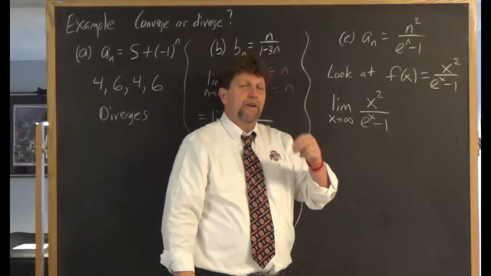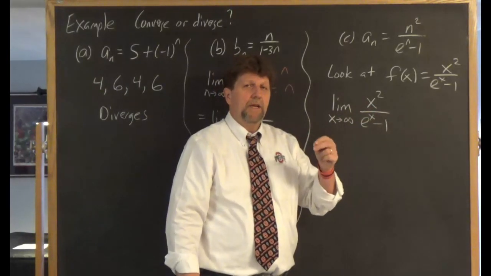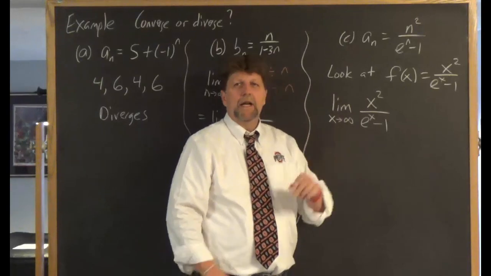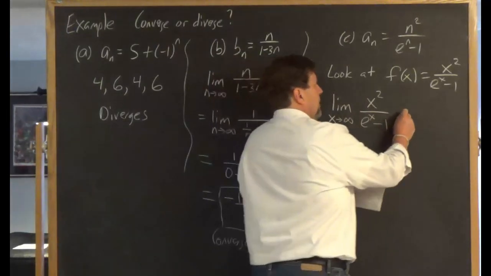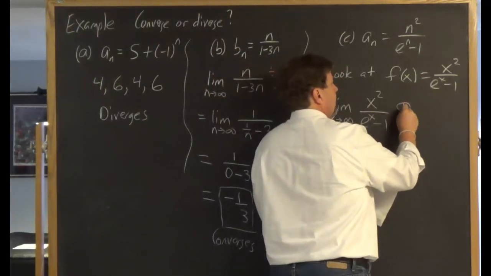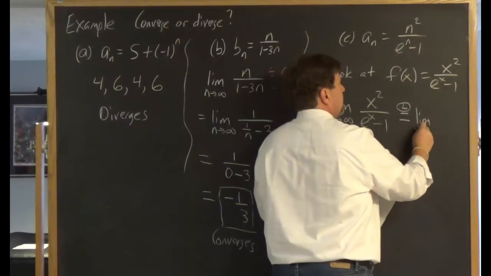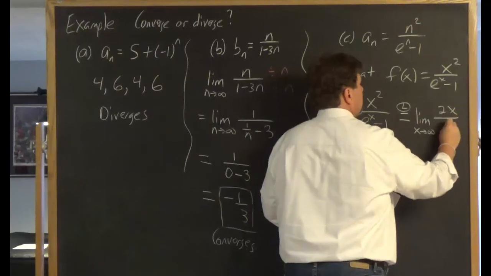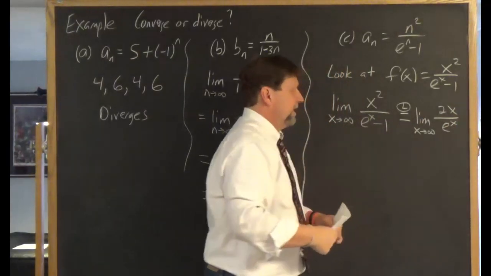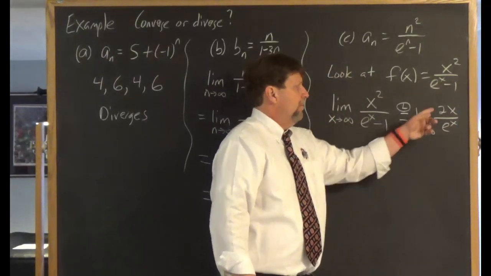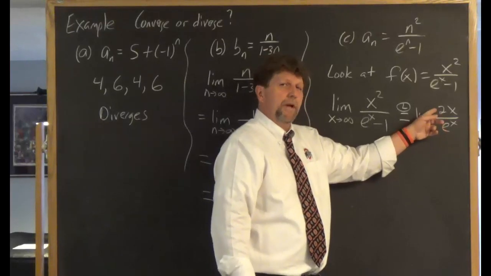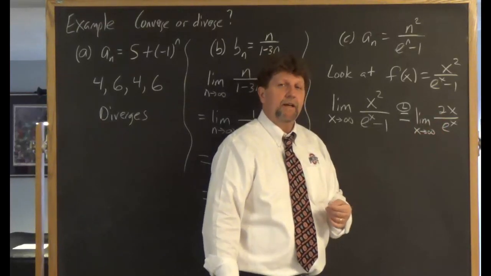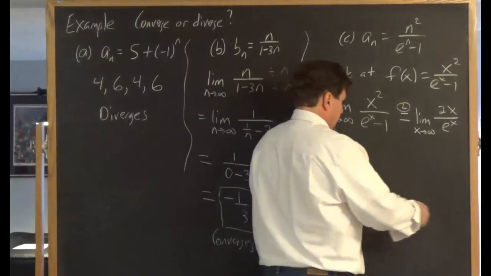So when I hear infinity over infinity, I immediately think, let's go to the hospital. So here we are, going to take this to the hospital. Alright, so we went to the hospital, and we still have the form infinity over infinity. Well, I guess we better go back to the hospital.